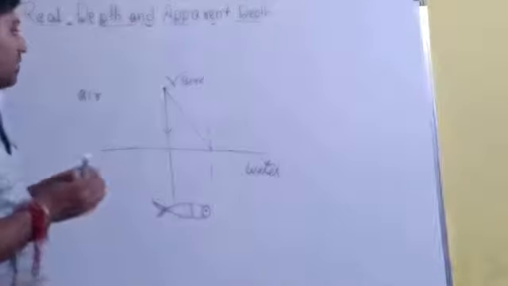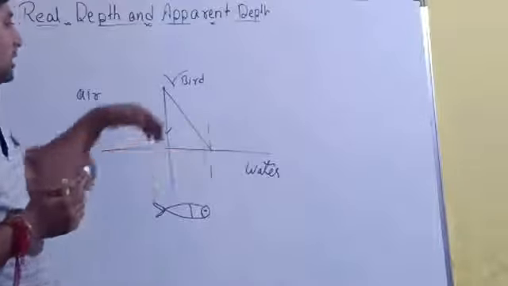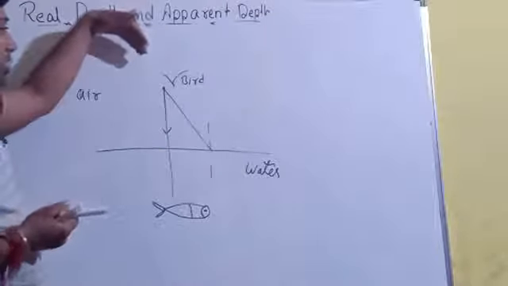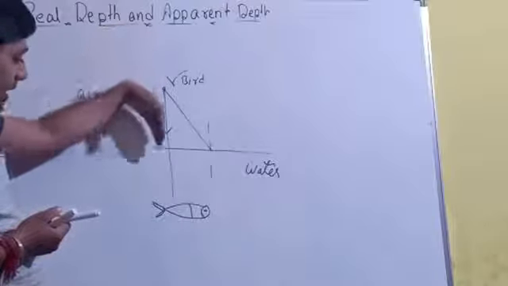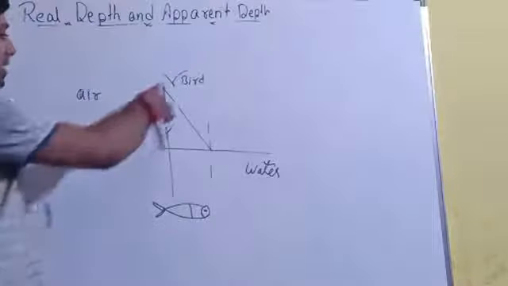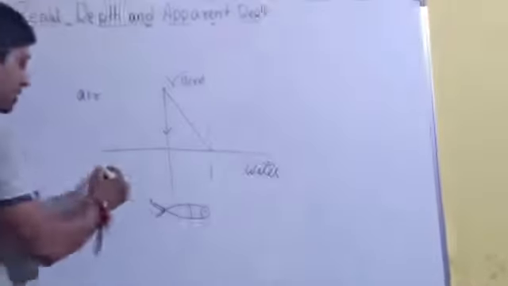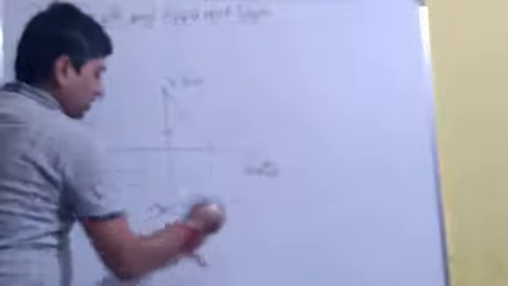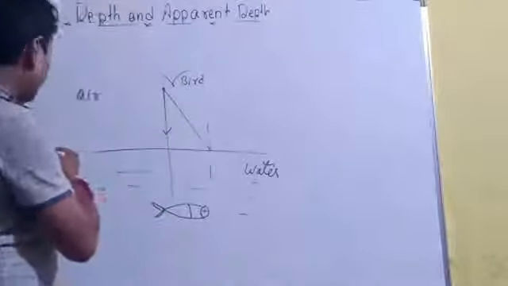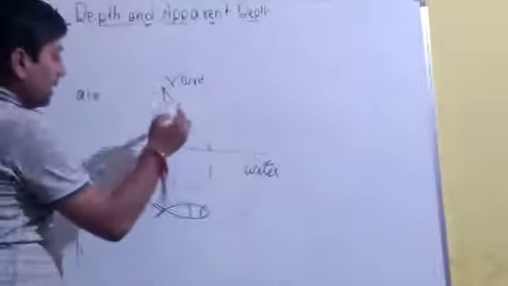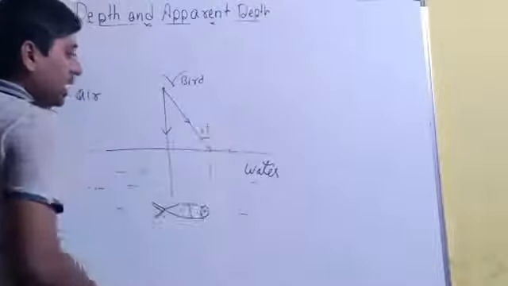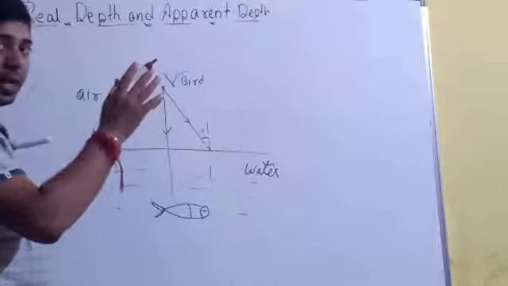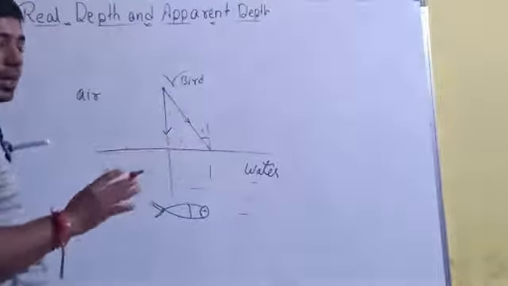Now in this one, when the fish is seeing you or the bird, the ray should be drawn from the bird or you. First of all, the ray at a 0 degree angle is drawn. Now the next ray is drawn like this at an angle, and this is your incidence angle. The ray is drawn from air to water, it means from rarer to denser.